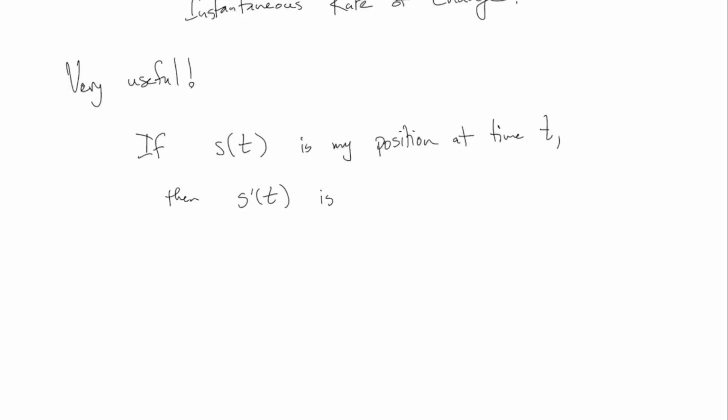Like if I'm in a car, my car is at different locations at different times. What does it mean to talk about how fast the location is changing? That's just how fast the car is moving. And in physics, this is called the velocity. Of course, there are many situations when you care about the velocity, like all the time.